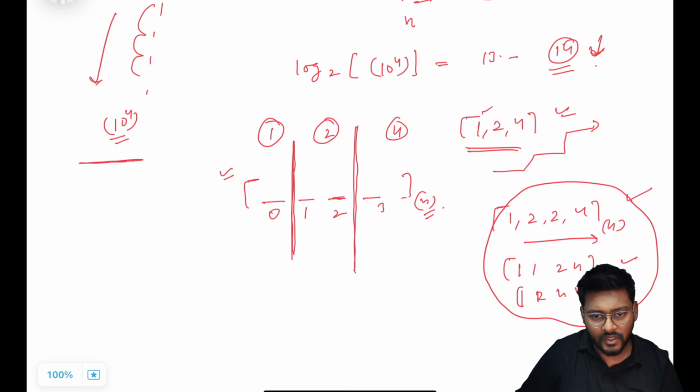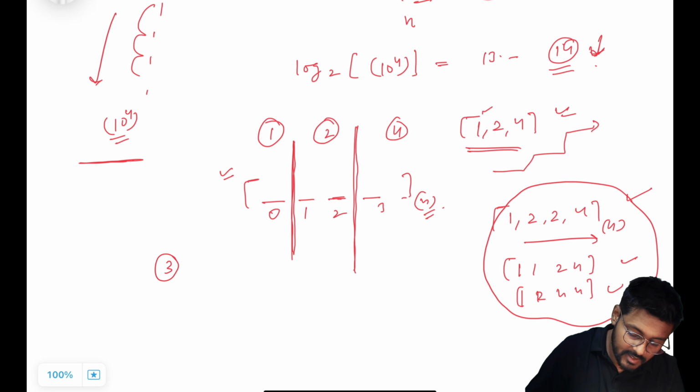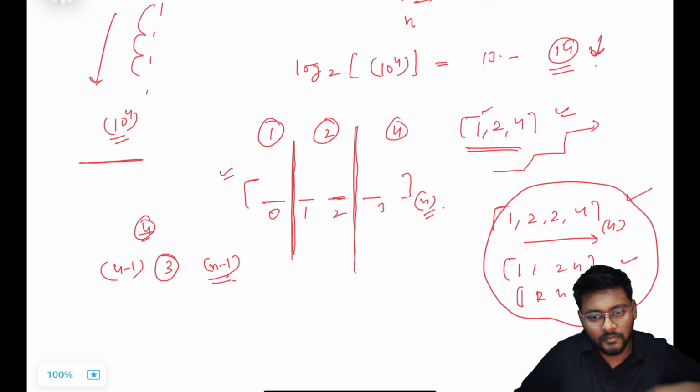Before 1 I'm going to make a cut, before 3 I'm going to make a cut, right? And total how many cuts can I make? Before 1, before 2, before 3. It means total 3 cuts I can make. Size was 4 and total cuts is 3, which is equal to 4 minus 1, or I can say n minus 1 cuts I can make.